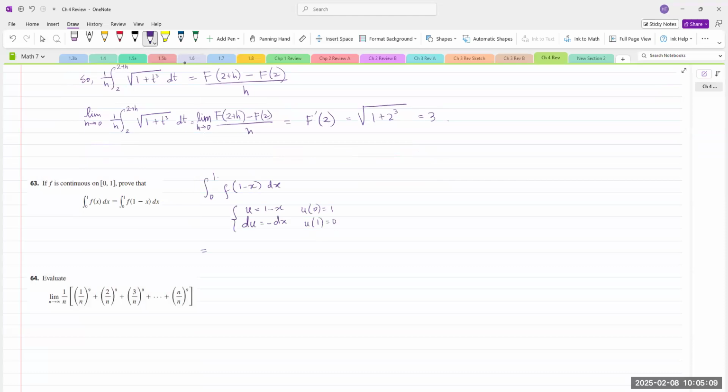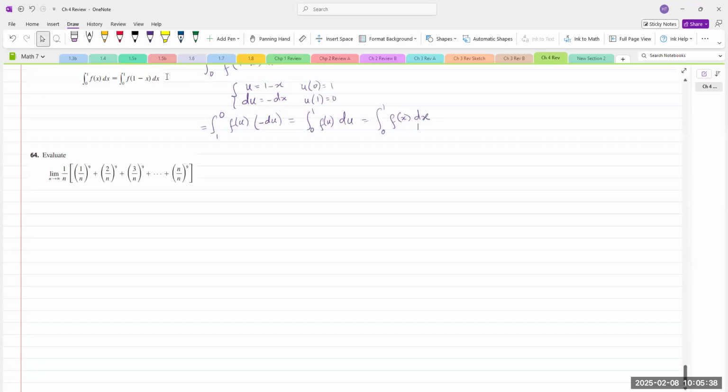So this will be the integral from 1 to 0 of f(u) times negative du. That's the integral from 0 to 1 to absorb the negative. But this is just simply a change of variables. If you don't like f(u) du, we can replace that with f(x) dx. Okay, number 64, this is the last one.